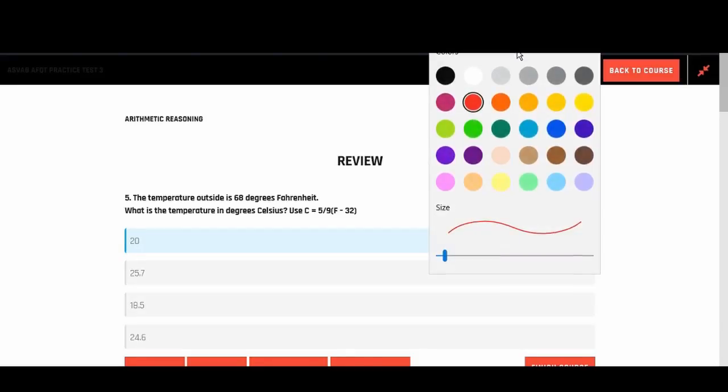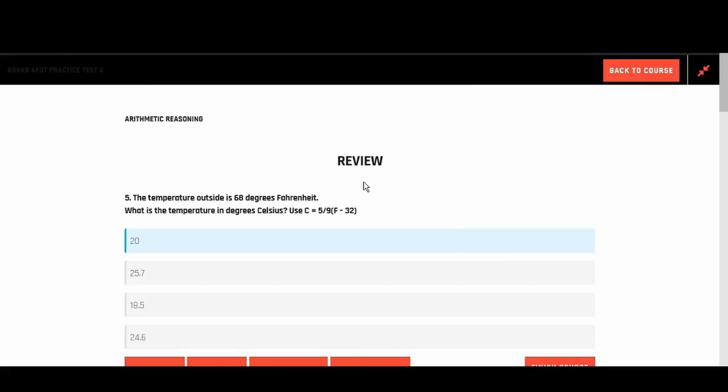Okay, question 5 says, the temperature outside is 68 degrees Fahrenheit. What is the temperature in degrees Celsius? And we're provided with the formula to convert between Fahrenheit and Celsius, namely Celsius equals 5/9 times Fahrenheit minus 32. Here's the degrees in Fahrenheit, so we're going to go ahead and plug it into the formula.